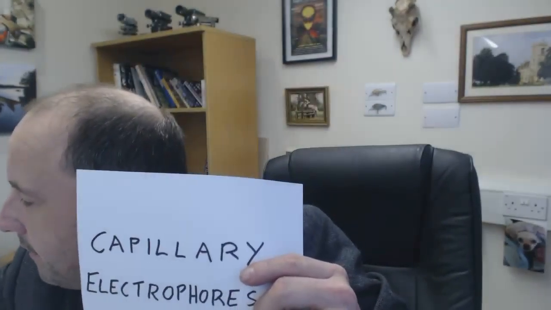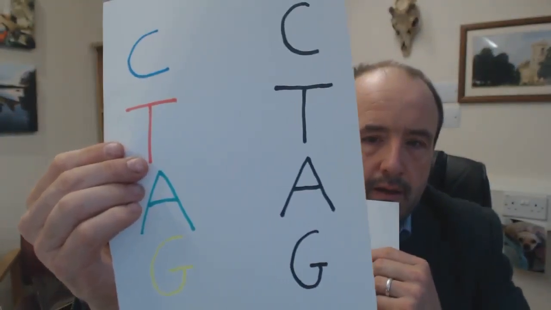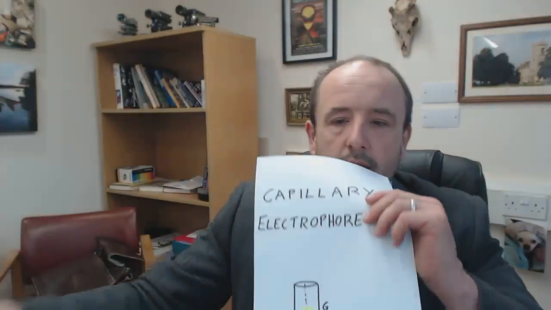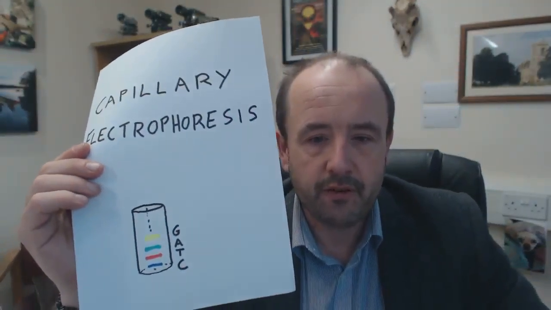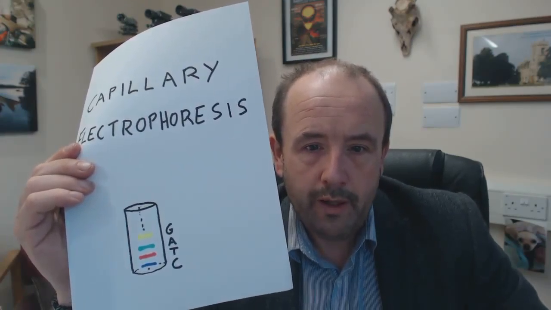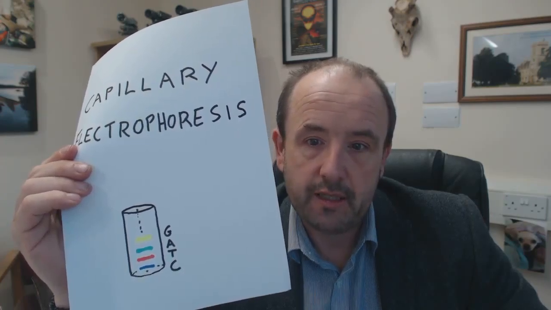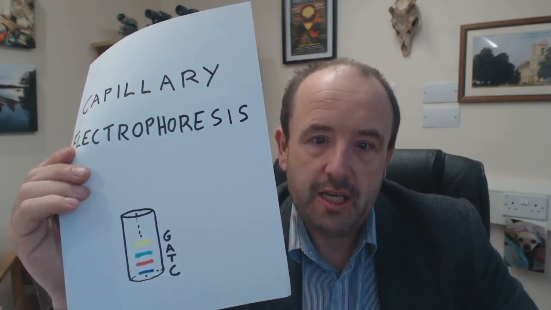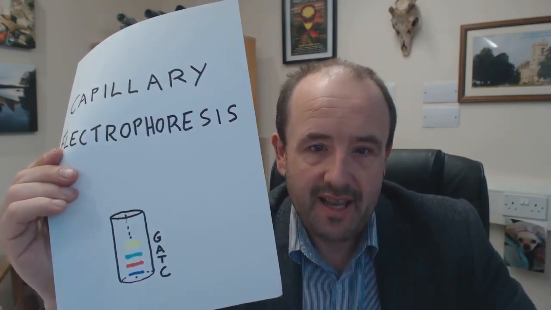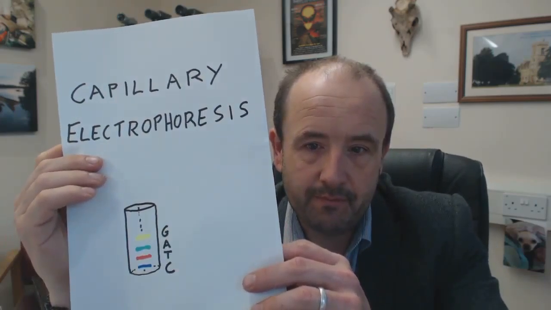And by an understanding of what colour our fluorescent bases are, C's are blue, T's are red, A's are green, G's are yellow. By looking at the pattern of fluorescence in our gel, we can decipher the sequence of bases in our gene. In this instance, G, A, T, C.